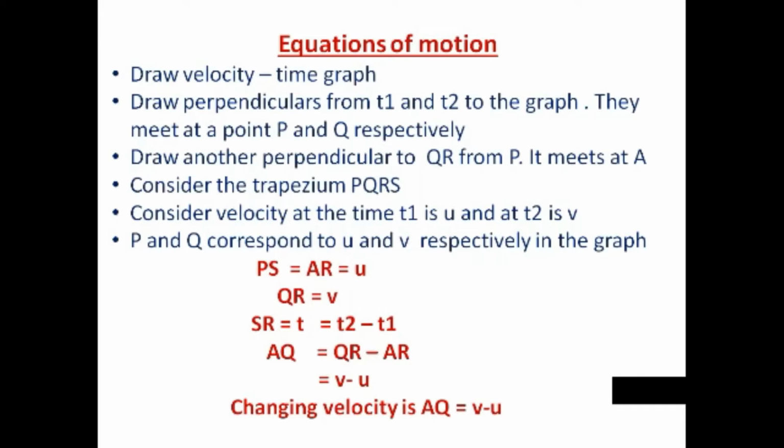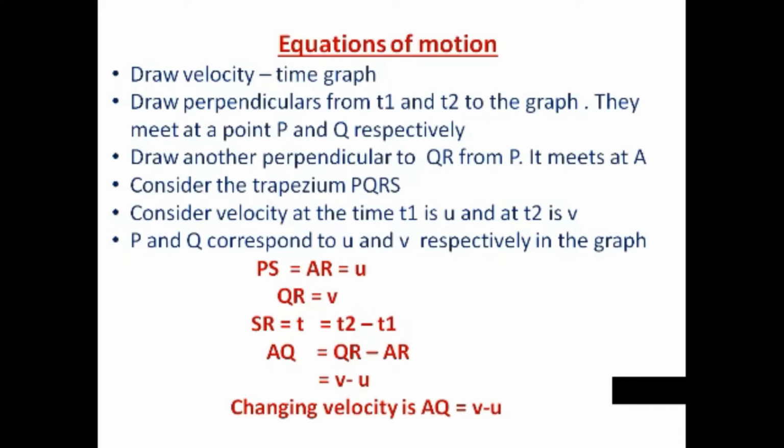Each unit is taken as 1 second, and the velocity units are 10, 20, 30, 40 respectively. So here we have an x-axis and y-axis, and we draw the velocity time graph using the values 1 second, 2 seconds and 3 seconds in the x-axis and 10, 20, 30, 40 in the y-axis.